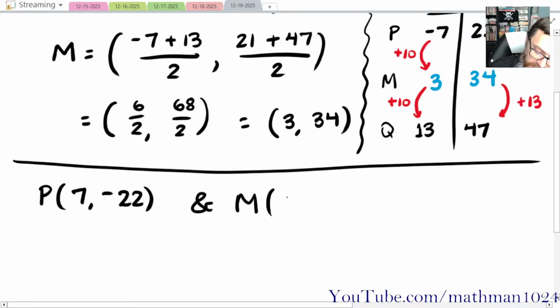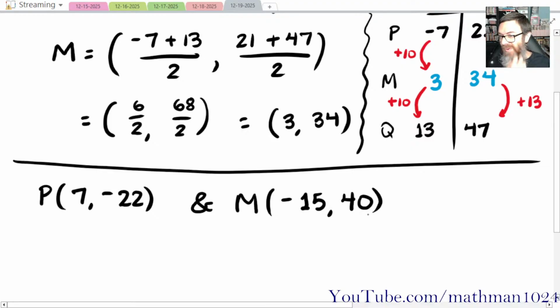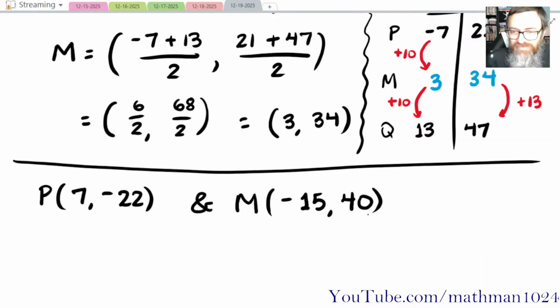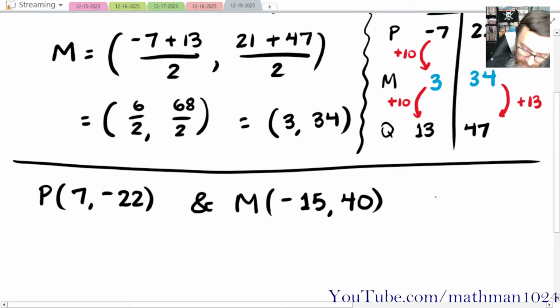If I give you the midpoint as being, let's say, -15 and 40, and I want to know what are the coordinates for the other endpoint.